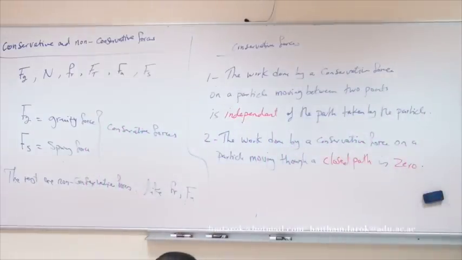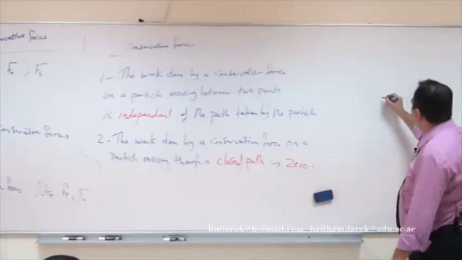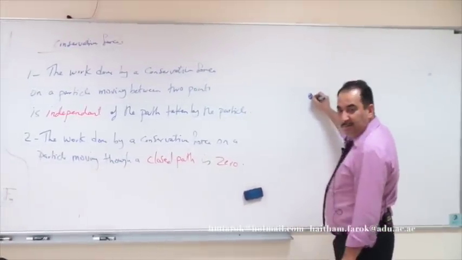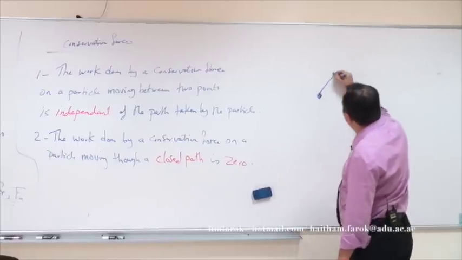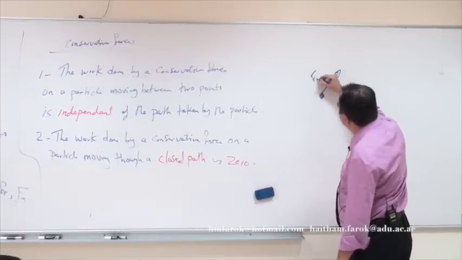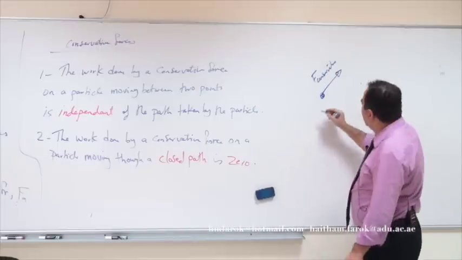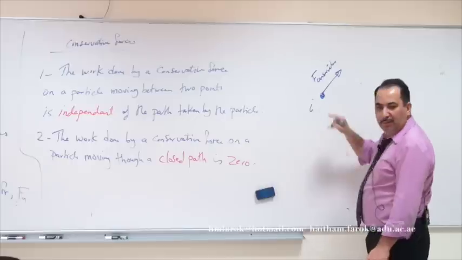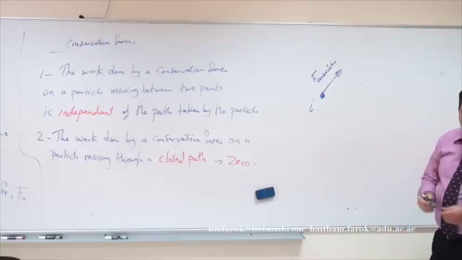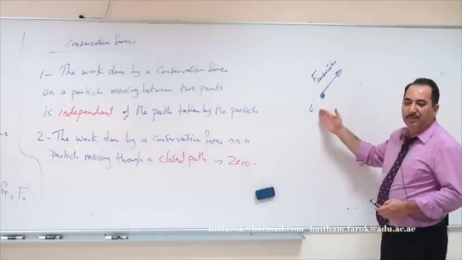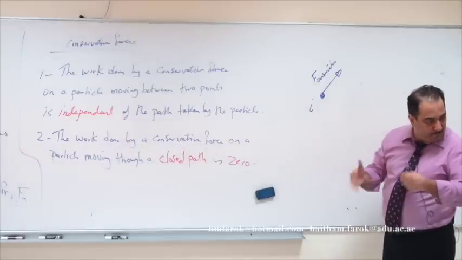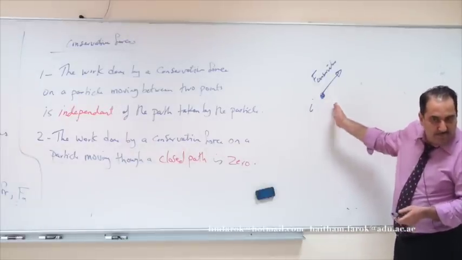In the drawing, let's say I have a force acting on this object here. What is the force? F, conservative. A conservative force. Initially acting on the object which is here, yes? Now, when this force acts on the object, there is a displacement. There is work done by this force.